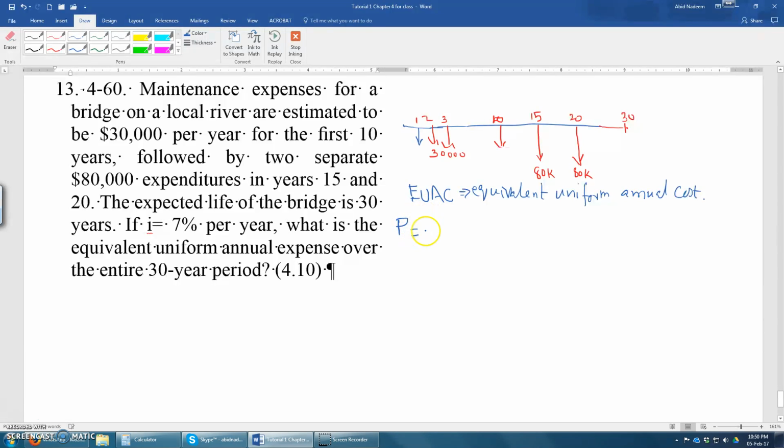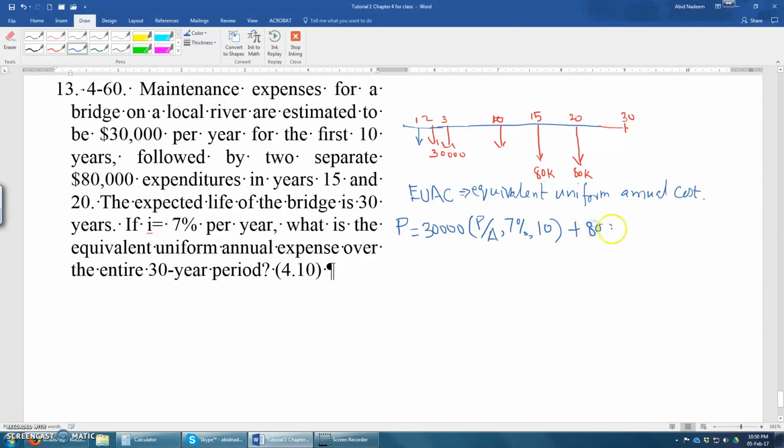We have this cash flow of 30,000, and we have to find its present value. The interest is 7%, and the number of such values is 10. Then there are two separate values, 80,000 and 80,000.